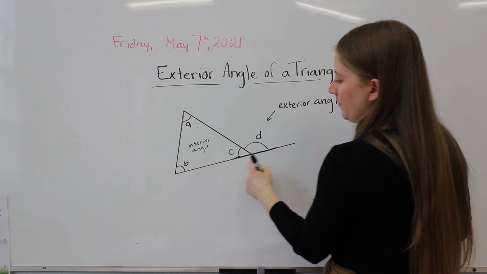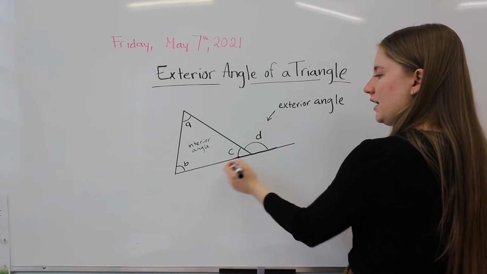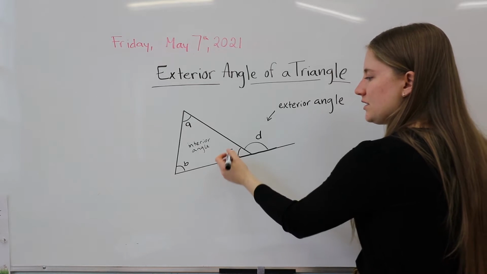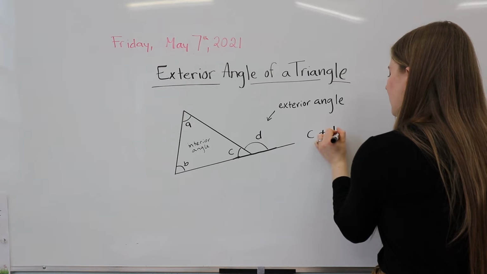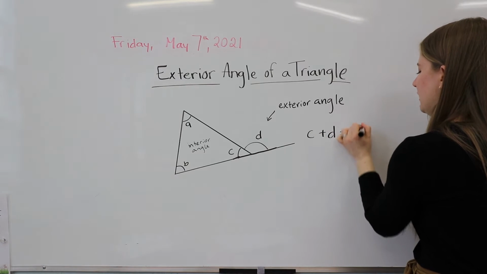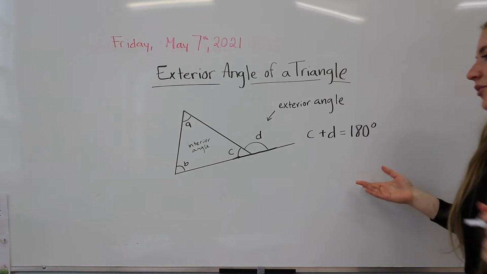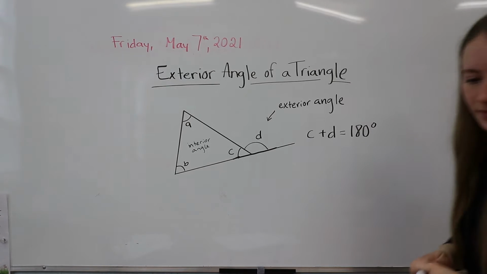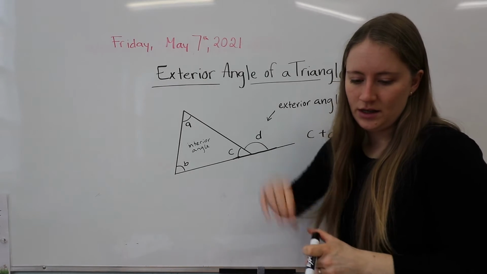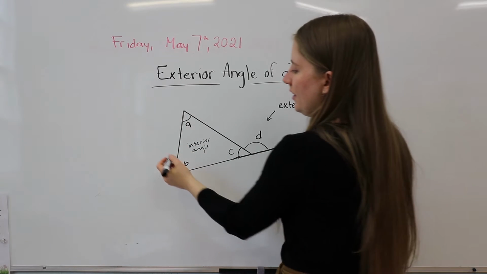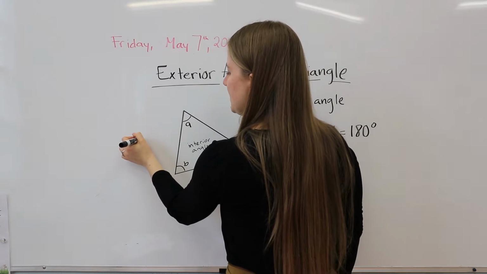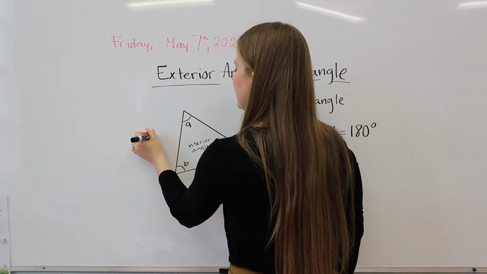Because this spot forms 180 degrees, right? So C plus D equals 180 degrees. Which is our line rule, right? Which is very cool, okay? And these two angles, A and B, are referred to as opposite angles, or opposite interior angles.